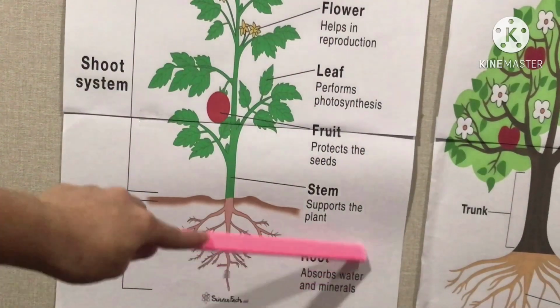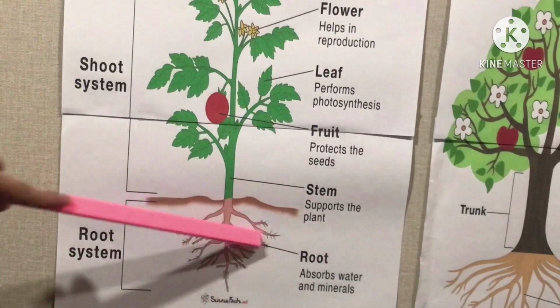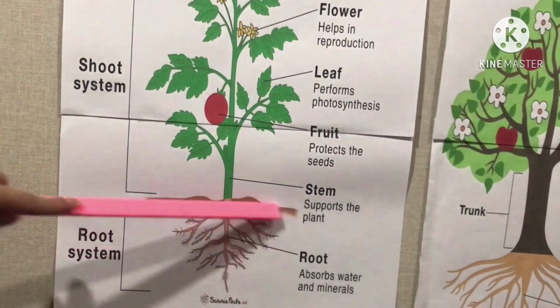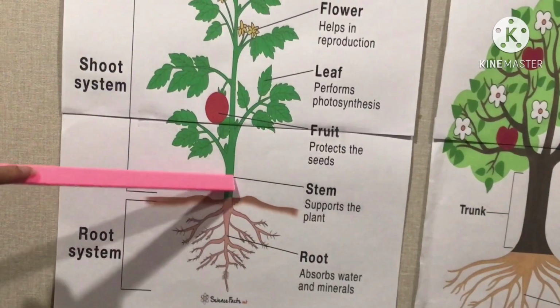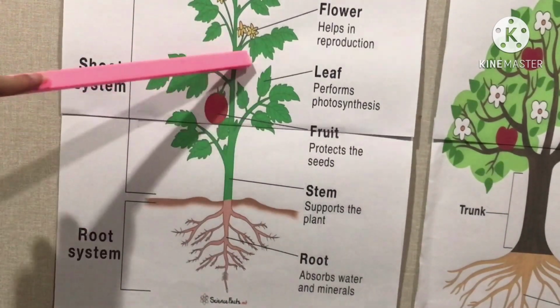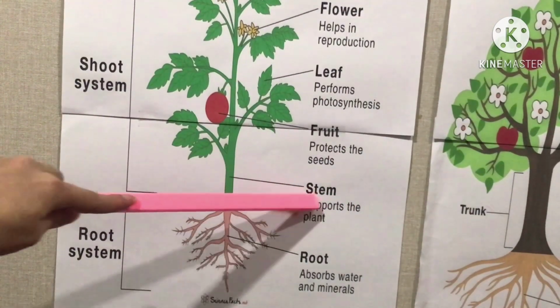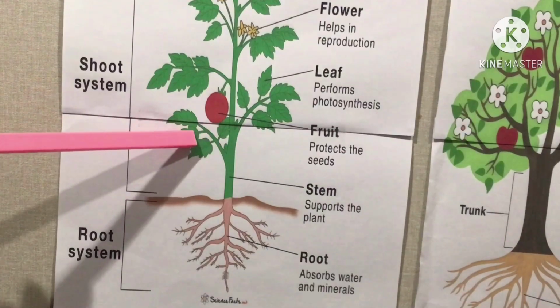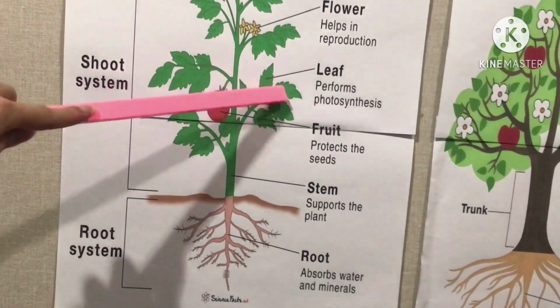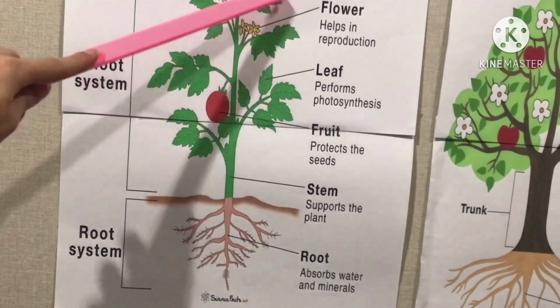The first one, we have the root or the roots. This is what we call the roots. Next, we have the stem. And going up, we have here the leaves. This is what we call the leaves.